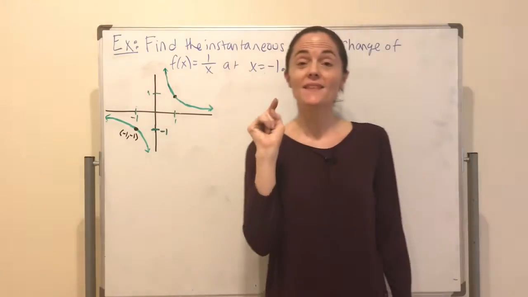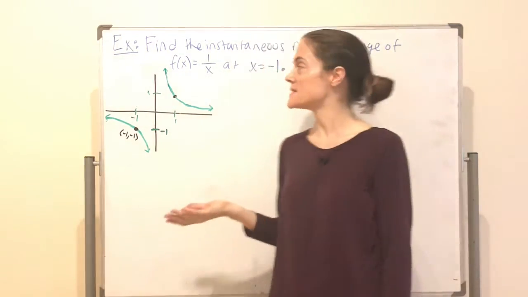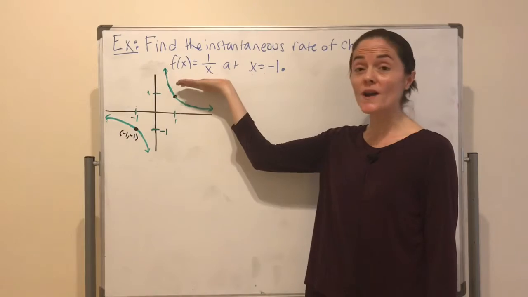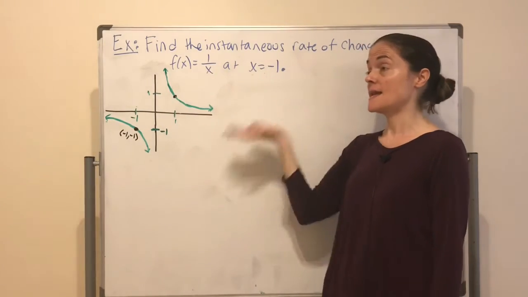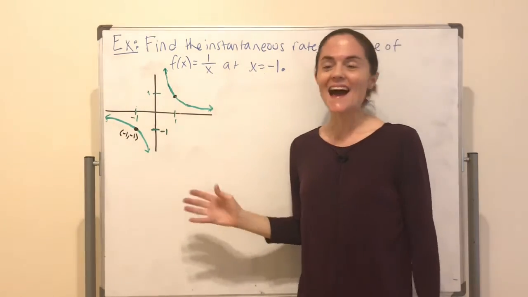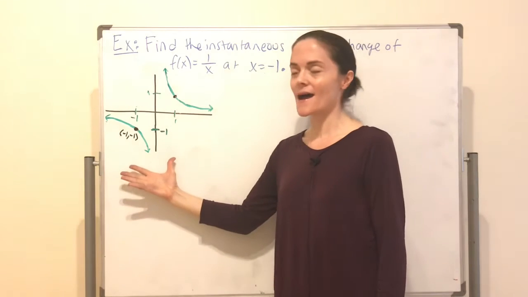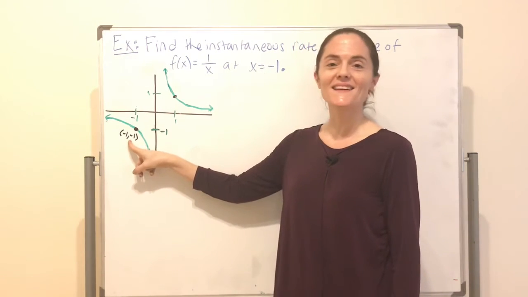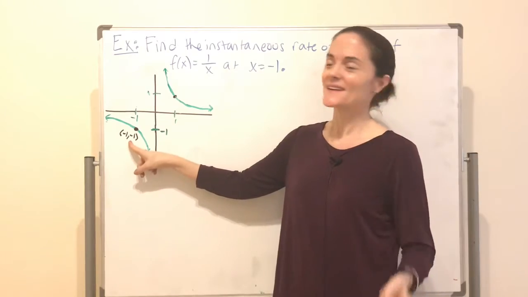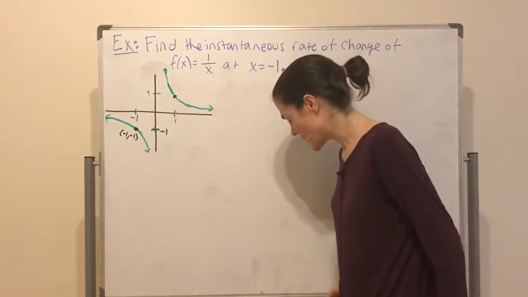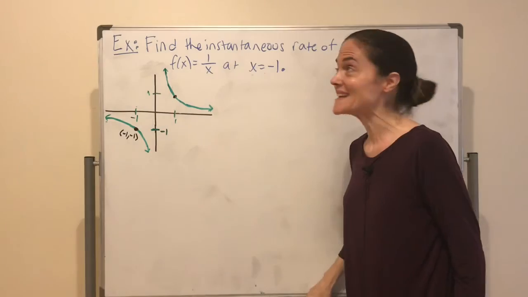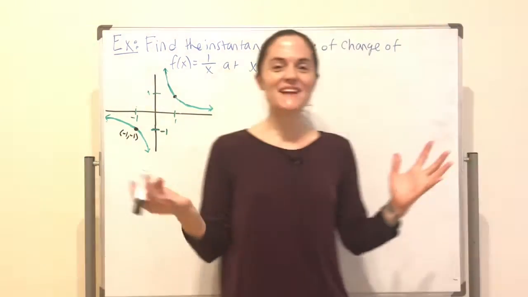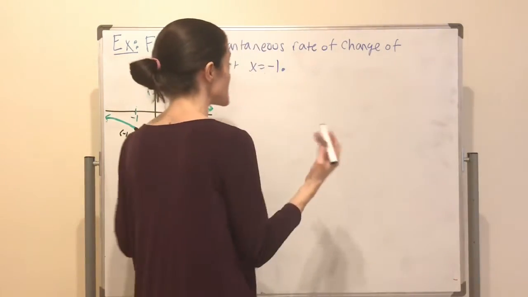We want to find the instantaneous rate of change for f of x is 1 over x at x equals -1. And I have sketched a graph of this function, and we see the point on the graph is -1, -1. Okay, well, first of all, what is this instantaneous rate of change? This is what we were just talking about.